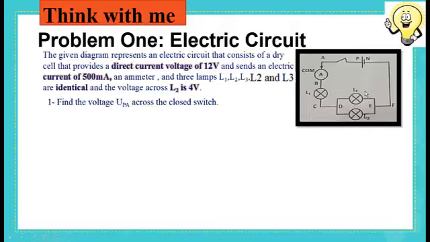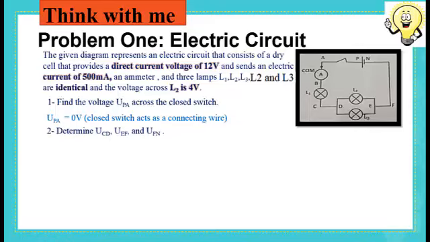Starting with the first question, find the voltage UPA across the closed switch. I'm gonna move directly into the answer because you have seen such a question before. UPA is 0 volts because the closed switch acts as a connecting wire.